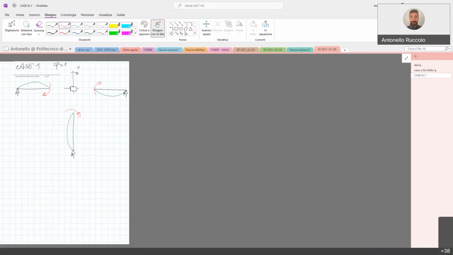So we can call this M1C, because it is the moment applied in correspondence of the kinematic unknown 1, that is the only unknown we have, in the beam C. M1B, M1A.